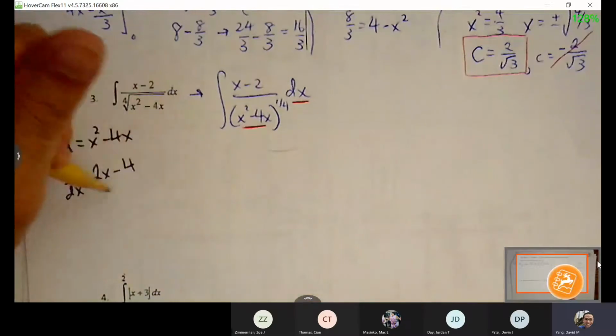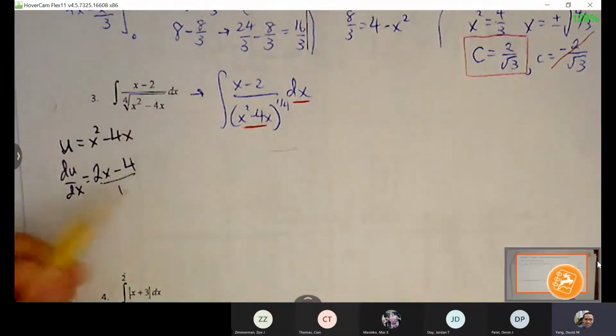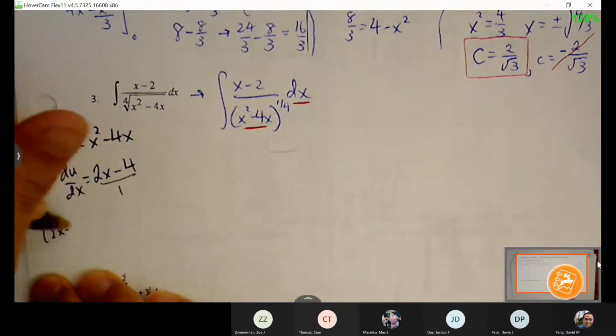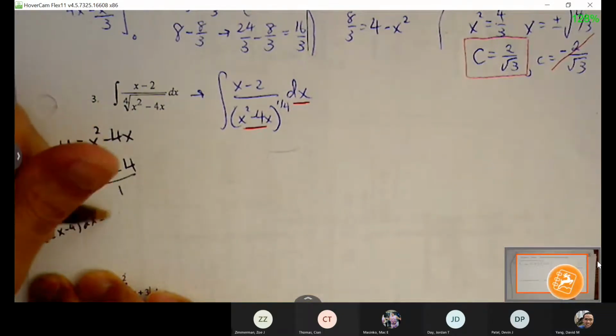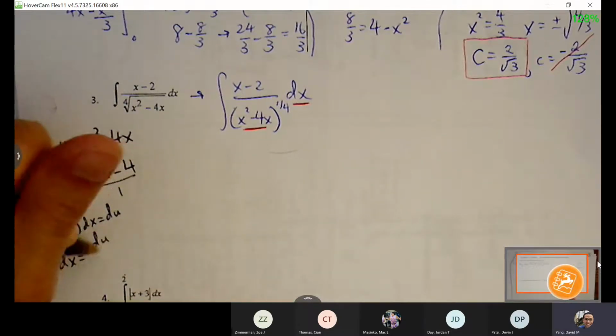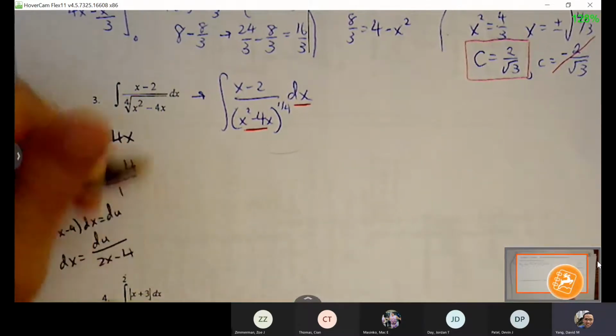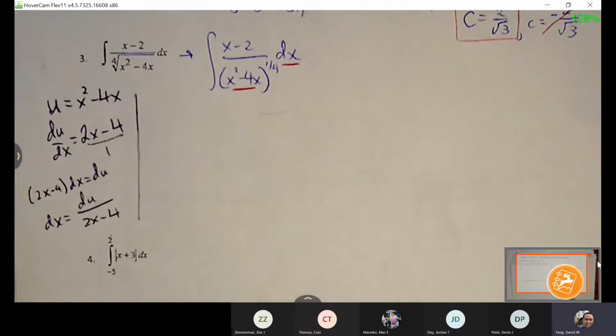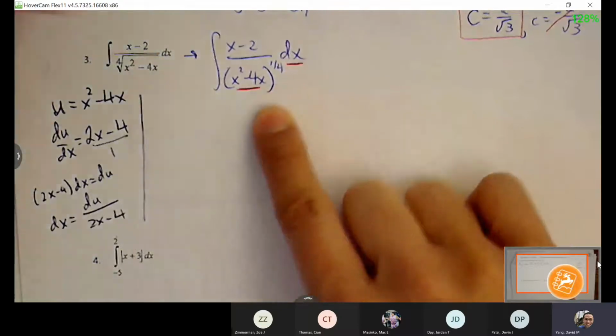If you want to put that over 1, you can cross multiply and solve for dx. We make our substitutions.